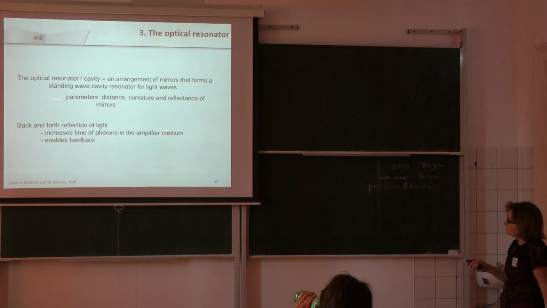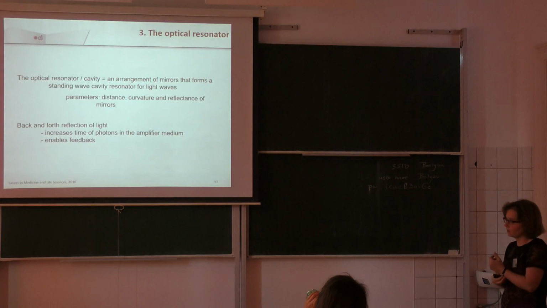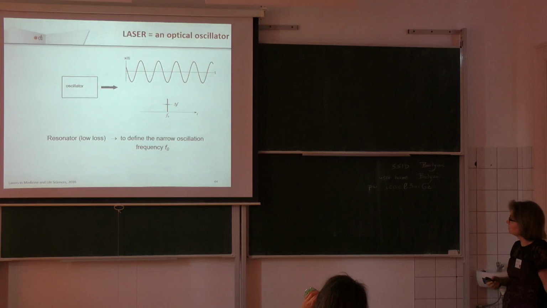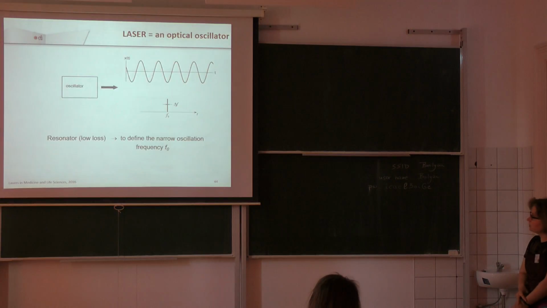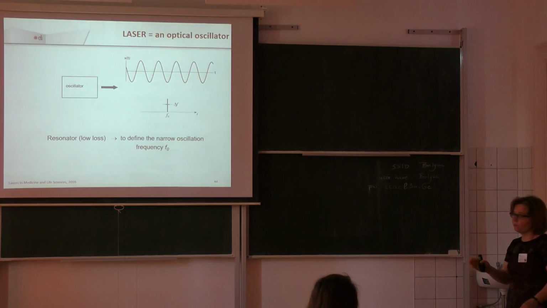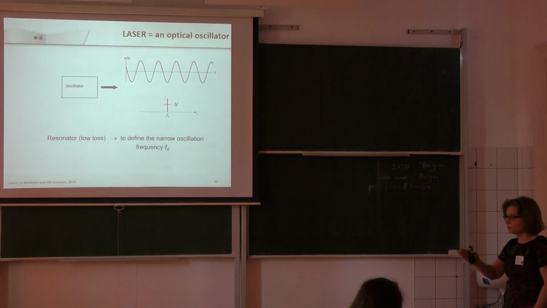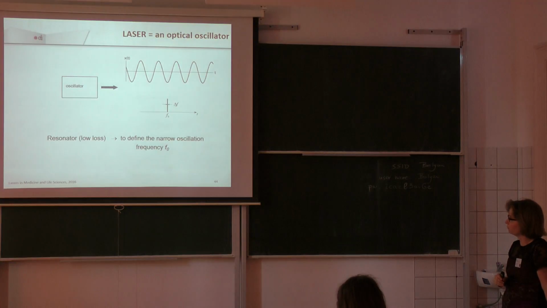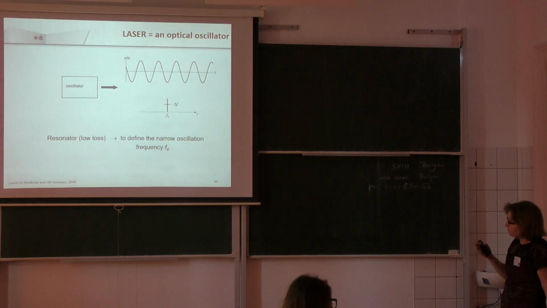Also, the optical resonator defines the standing waves of the cavity. What it means is, basically, we want our laser to produce a very well-defined wavelength. So we want to have some very well-ordered property of our light.